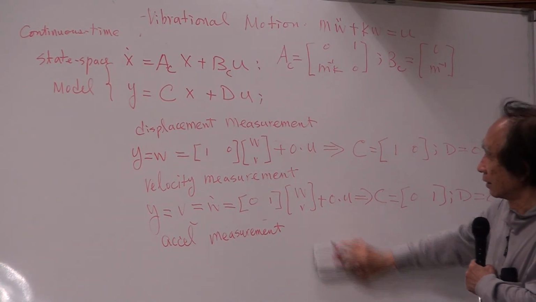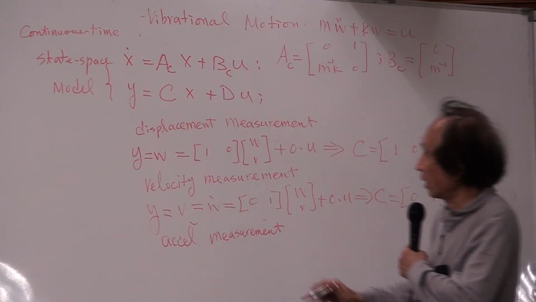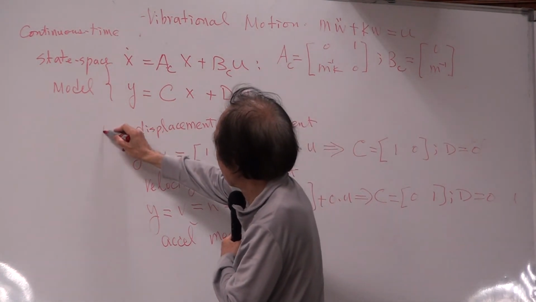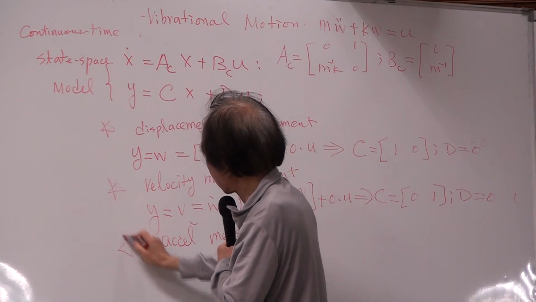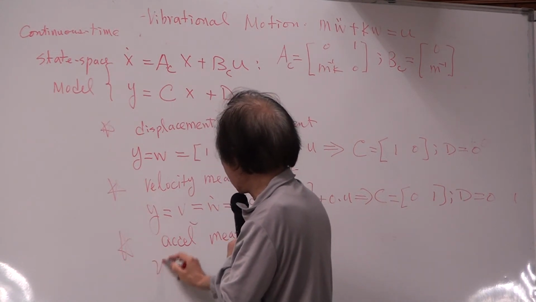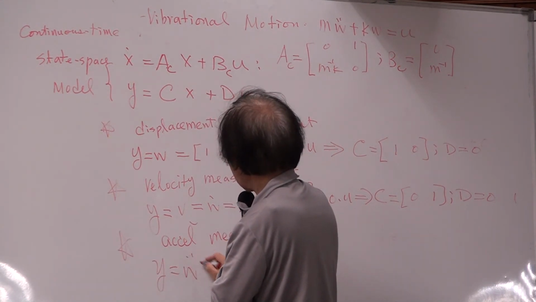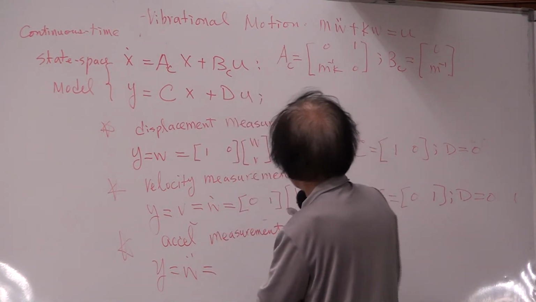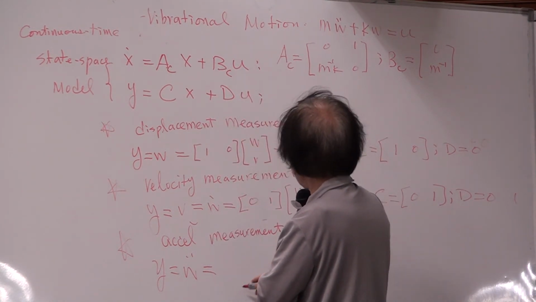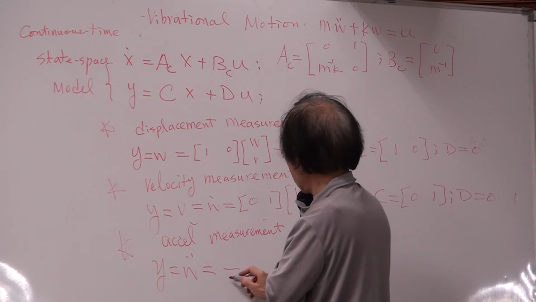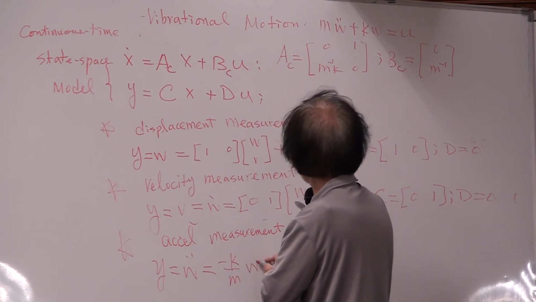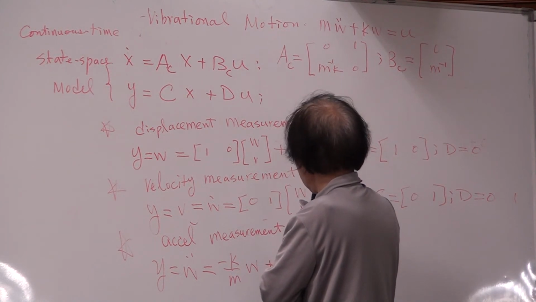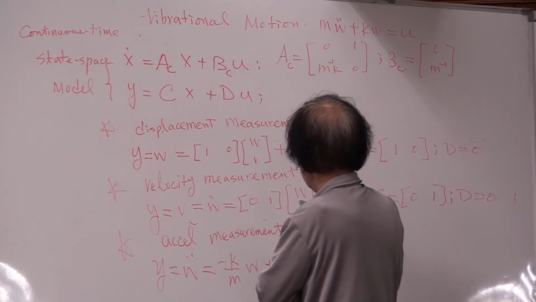Alright, that's a displacement and velocities. Now acceleration, y equal to w double dot equal to, now it's different, will be m inverse times minus k w plus m inverse u.